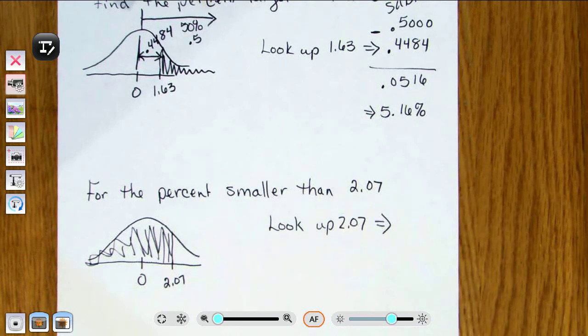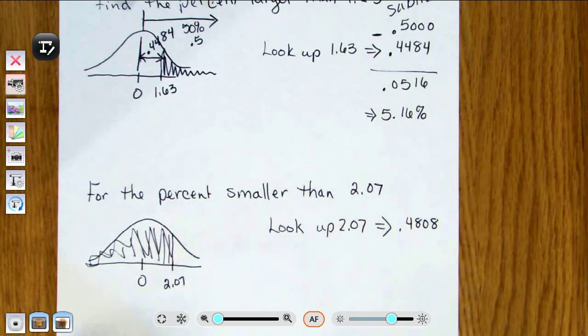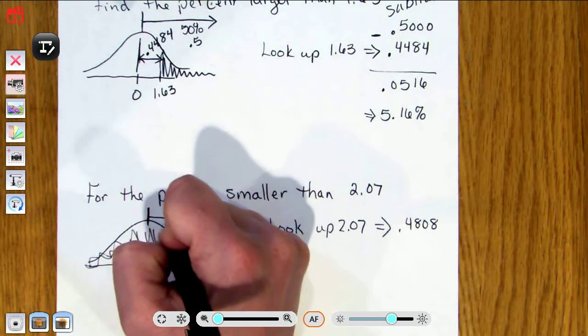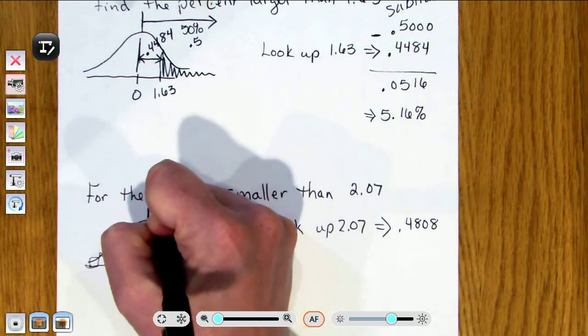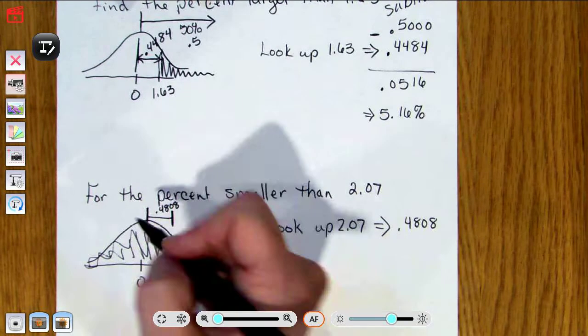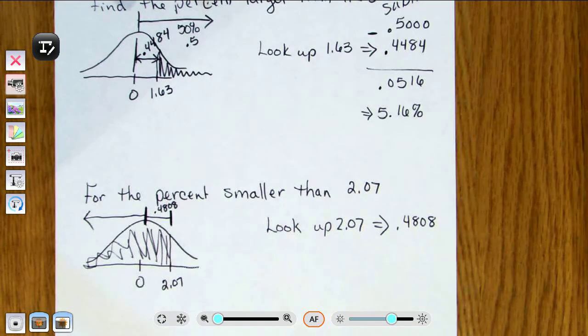So again, I'm going to look up that 2.07. And if I look that up, I get the number 0.4808. Okay. But that tells me from the center, from 0 to that point. So here's 0.4808. We need a little bit more than that. We need to go from here still all the way down. So to remember, this is the center, breaks it up into two pieces.